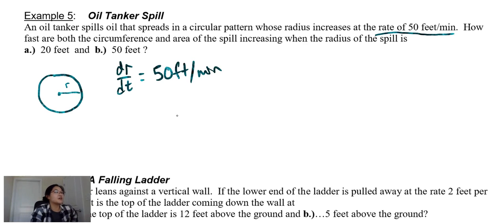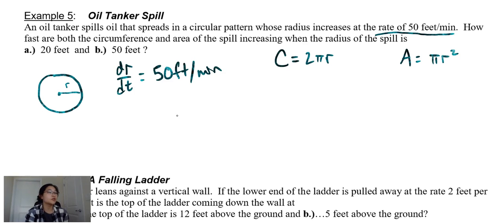How fast are the circumference and the area of the spill increasing when the radius of the spill is these two different measurements? So we need the circumference is 2 pi r, right? And then the area is pi r squared. So when we differentiate with respect to time, dC/dt is 2 pi dr/dt.